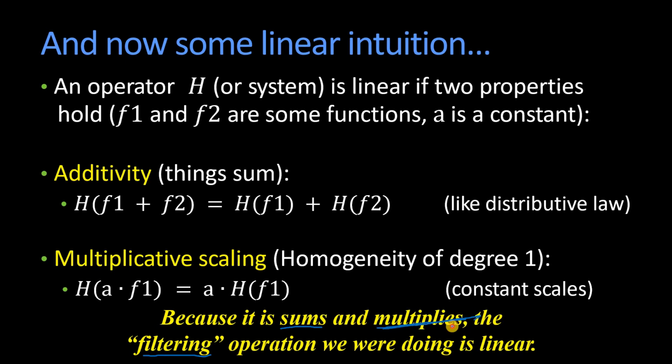These sum and multiply are the same things that are used here for linearity. That's why the filtering process overall is a linear process. Linear systems are important; you can search the internet for a lot of examples. Their behavior is predictable, easy to find out, and they have many more uses.